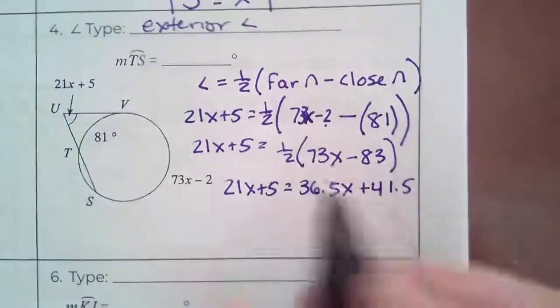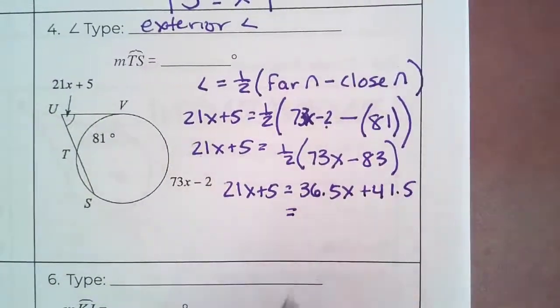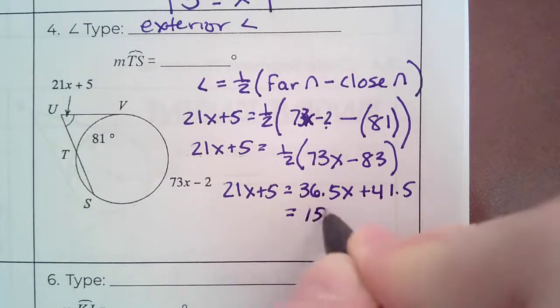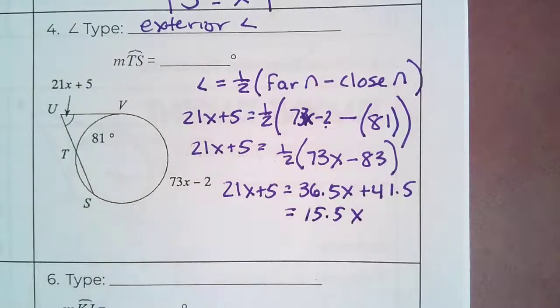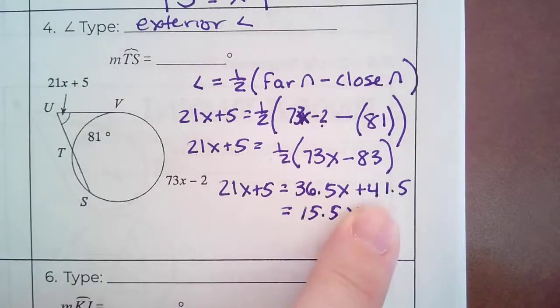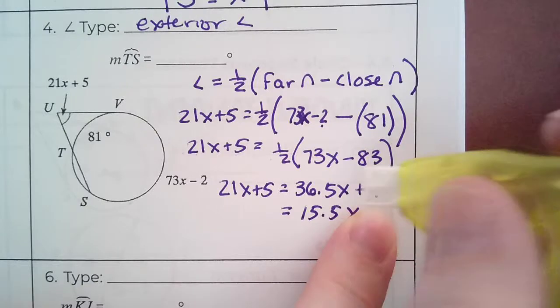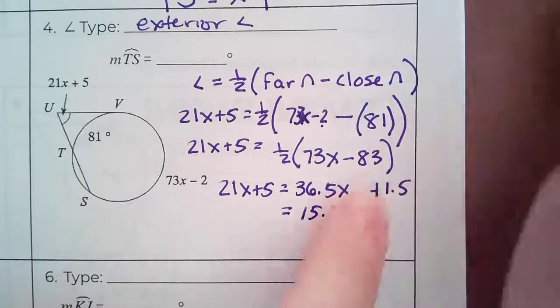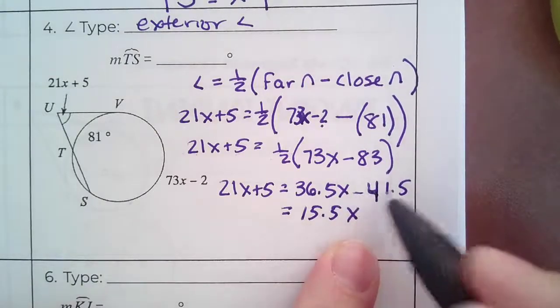Combining our like terms, I'll bring my x's to the right just to keep them positive. 36.5 minus 21 would be 15.5x. Oh, I'm just making mistakes all over the place. This should have been negative 41.5 because it was already negative.